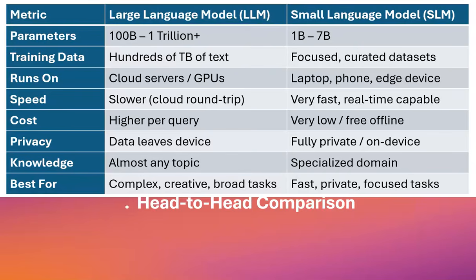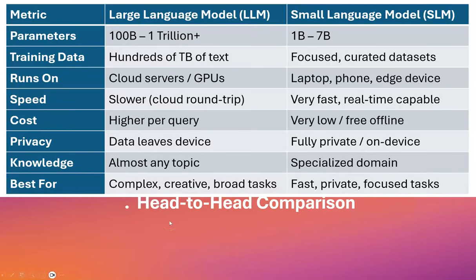Training data for LLMs is hundreds of TB of text, whereas small language models only focus on certain curated data sets. I already mentioned LLMs run on cloud servers and GPUs, whereas small language models work on laptops, phones, edge devices.